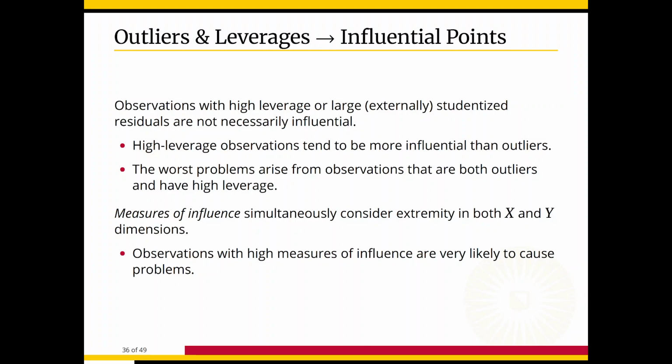And it's usually the cases that are extreme in both that are the most problematic. If a case is both an outlier and has high leverage, that's pretty likely to be an influential case. If it's only one or the other, then high leverage cases are usually worse than outliers.